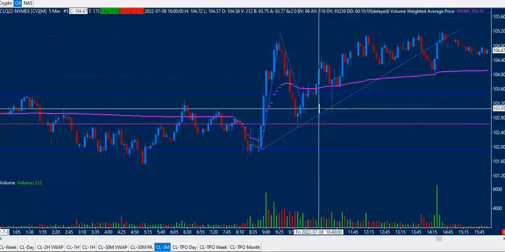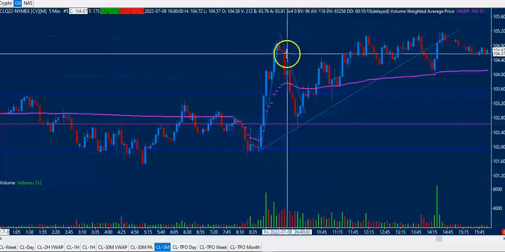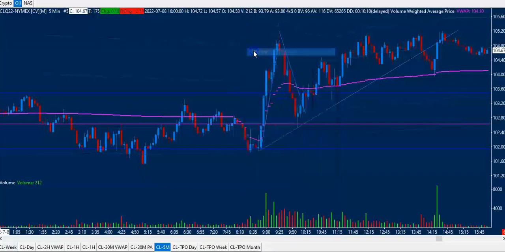This is essentially a 70% plus pullback of the prior move, which is quite significant, especially for this. This is the oil chart, so it's leverage. It's a very high leverage, right? So what we do see is the previous VWAP close and the point of control. So this actually has the most confluence of support.